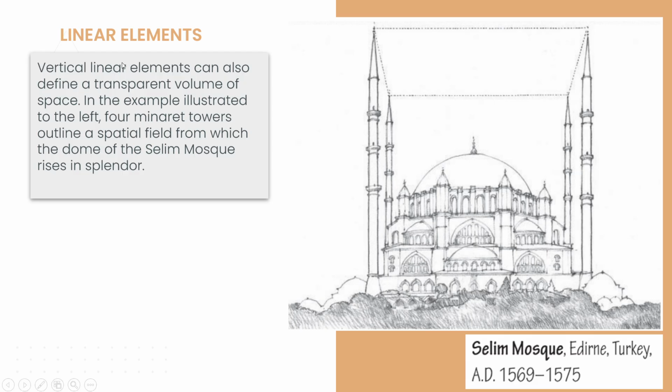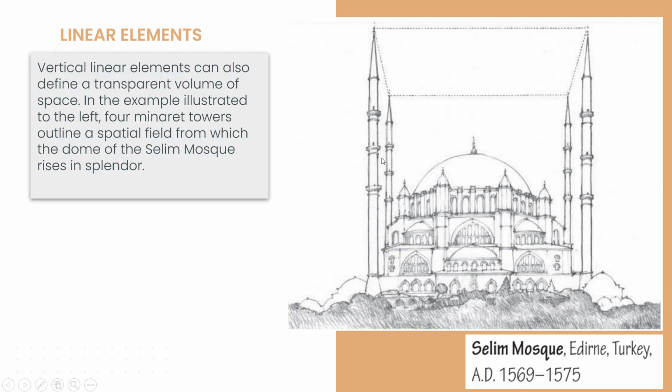So this one, vertical linear elements can also define a transparent volume of space. Transparent meaning you cannot see it physically, but by having these vertical lines, you create a square shape by connecting those lines, right?